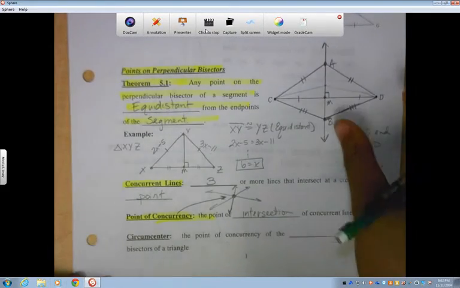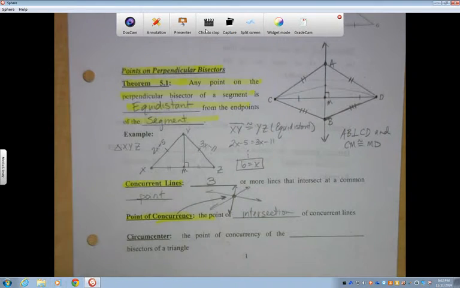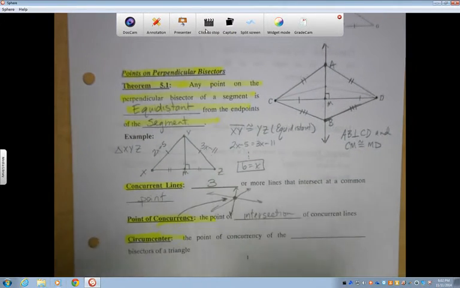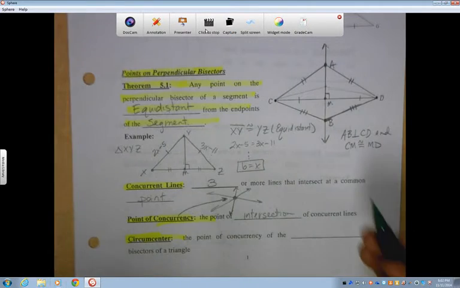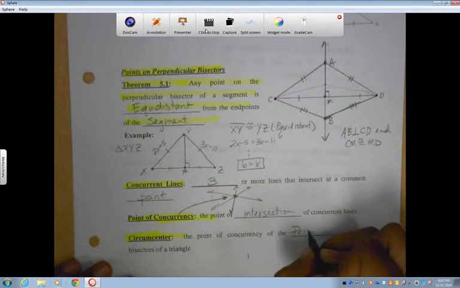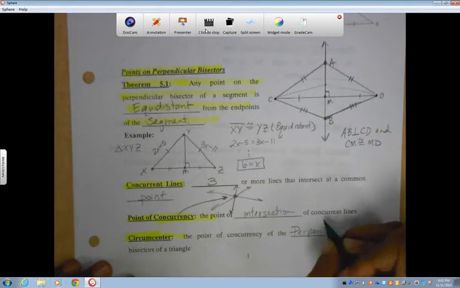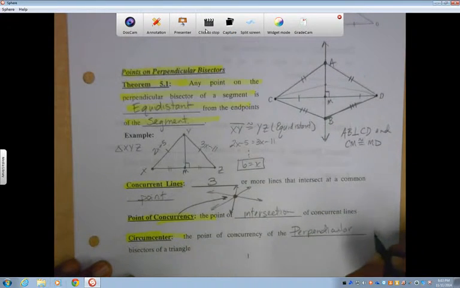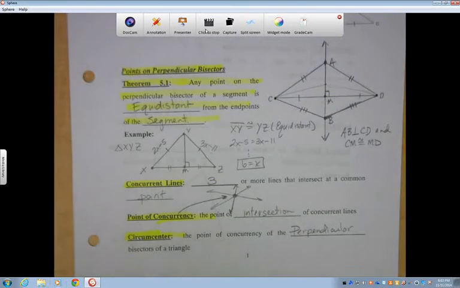Now, this is new, and you're gonna have to identify or relate circumcenter, the point of concurrency for the perpendicular bisectors. I'm gonna show you an example of that here on the other side. Perpendicular bisectors of a triangle. So, circumcenter occurs only with perpendicular bisectors of a triangle.